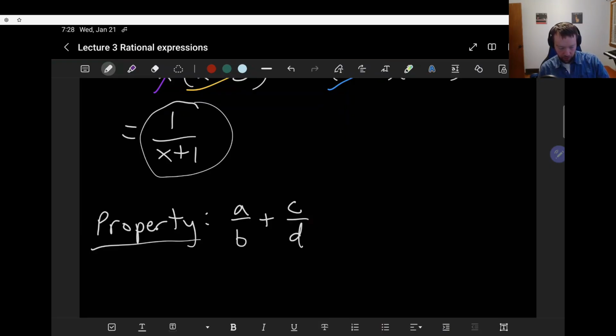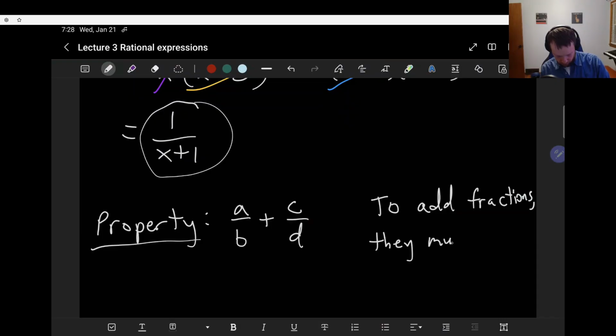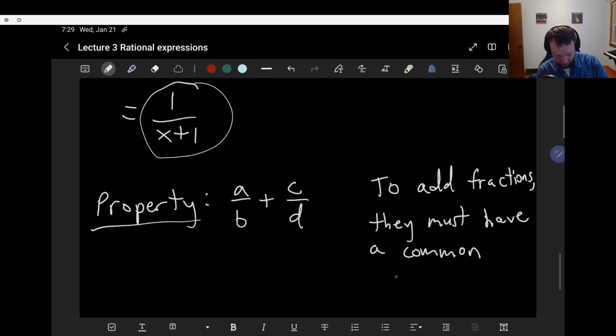So a little note here is that to add fractions, you need to have the same denominator. Or here's the more common phrasing. Pun not really intended. You need a common denominator.